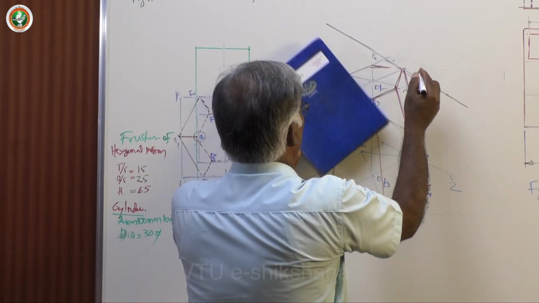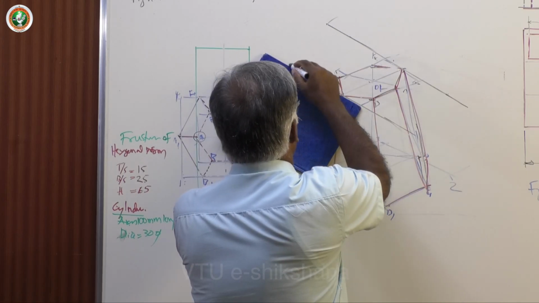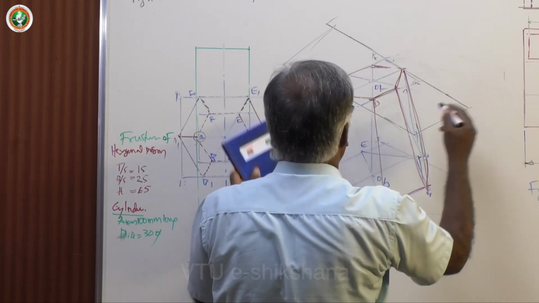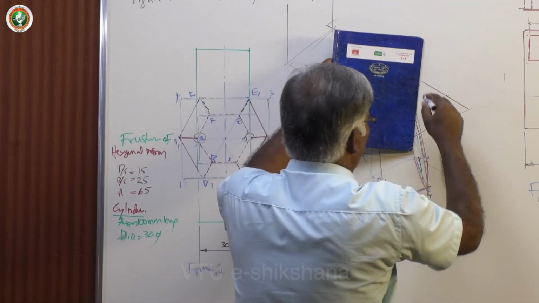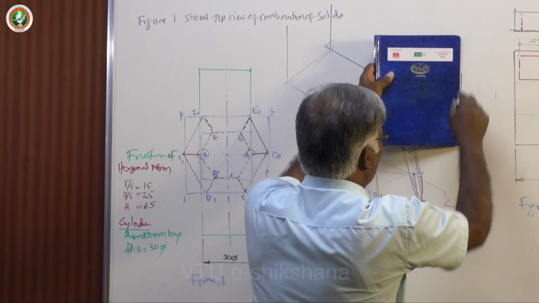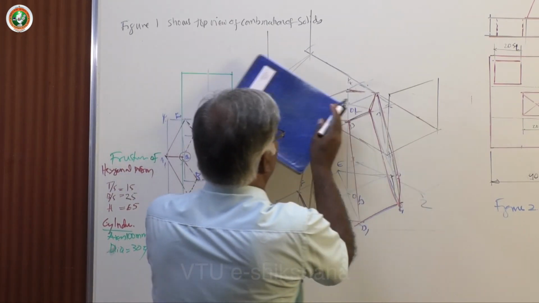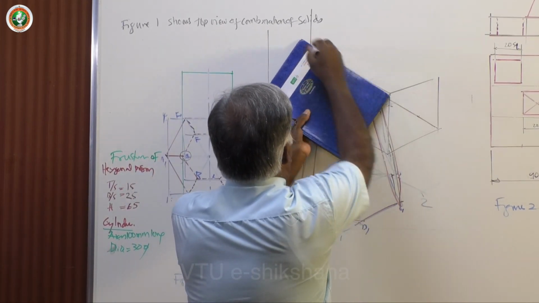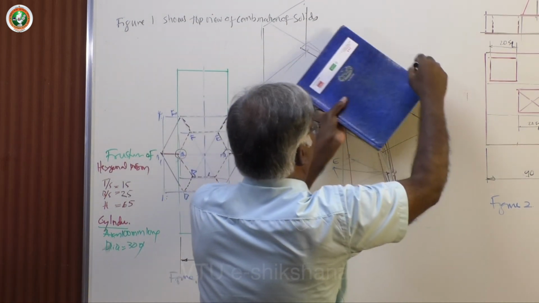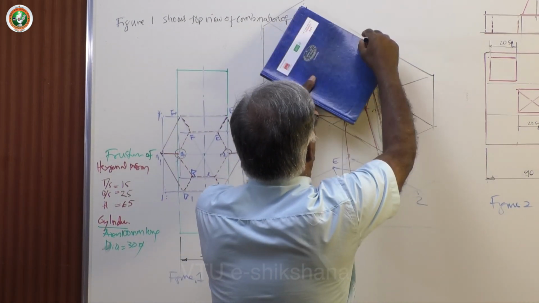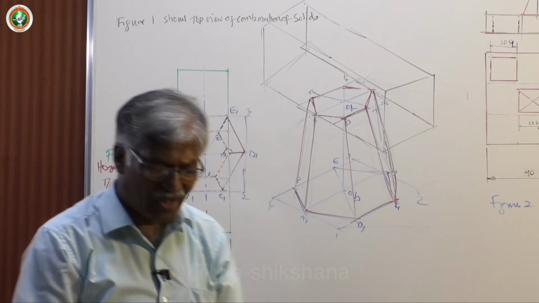Again, draw, take 50 mm, 50 mm on either side. Then go up by the given value, that is 30 each, because the side is 30, diameter is 30. Yes, this is what I am having now.